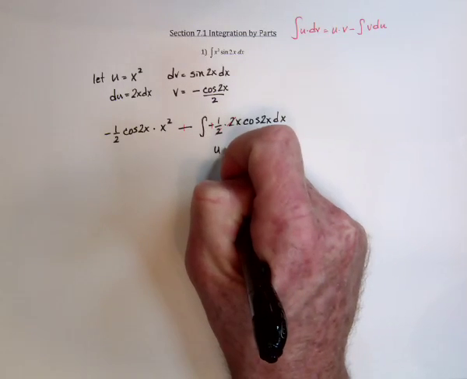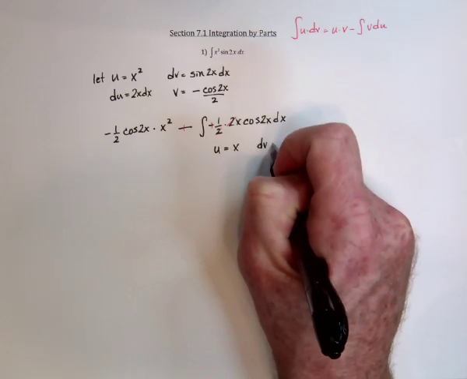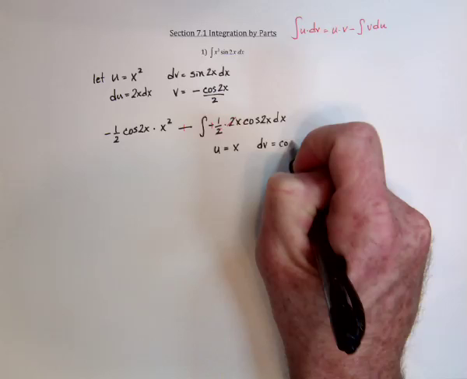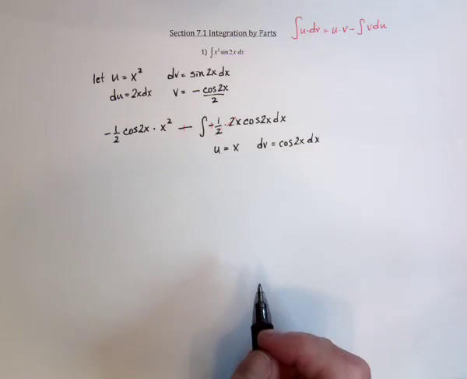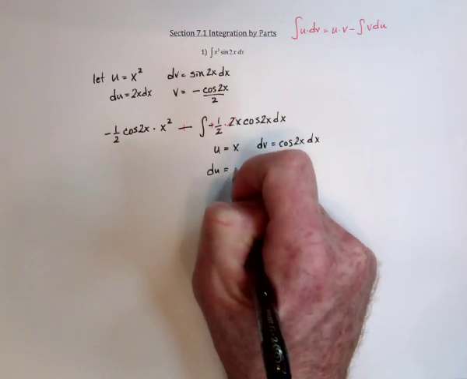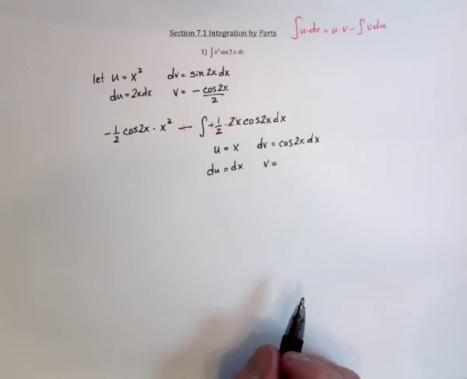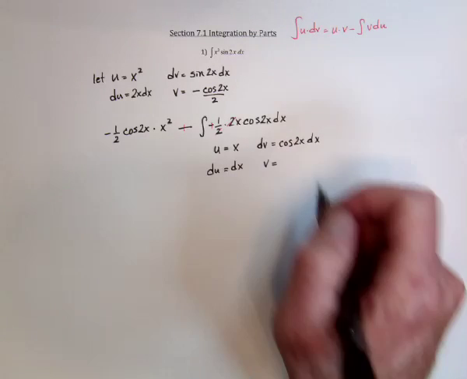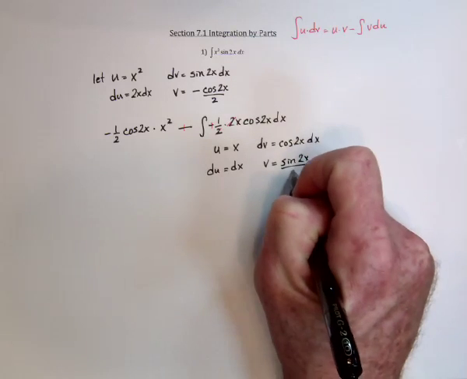So u will equal just the x, dv is equal to cosine of 2x. Over here, take the derivative, so that's going to be just a dx. For the trig function, integrate, so that's going to be sine of 2x, and then divided by 2.